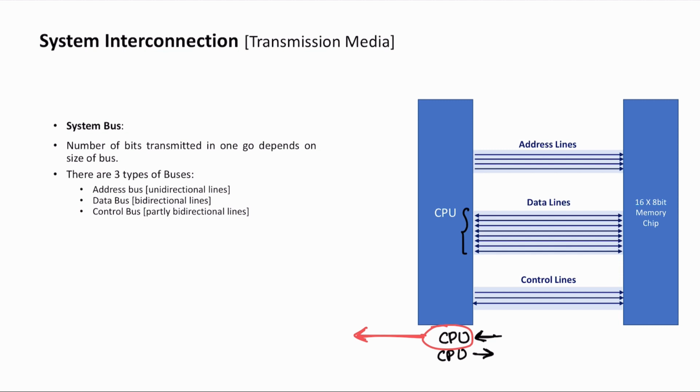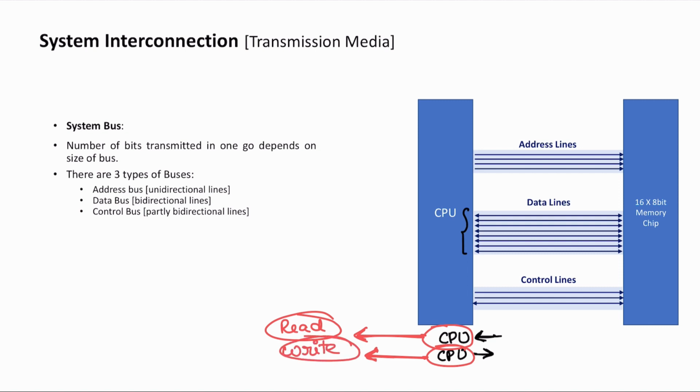CPU will get the information when it performs a read operation, and CPU will send the information, like storing some data into main memory, whenever it is doing a write operation.